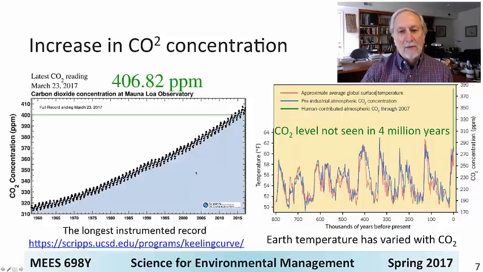We have now topped, and probably won't go down below for a very long time, if ever, the 400 parts per million level that we were all concerned about. Just last week, it was about 407 ppm.